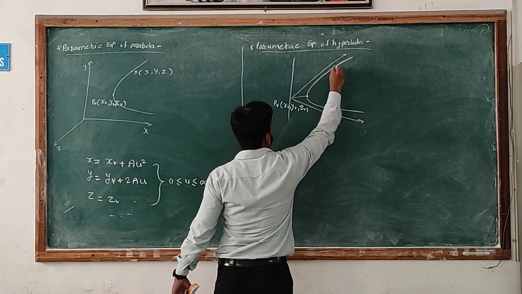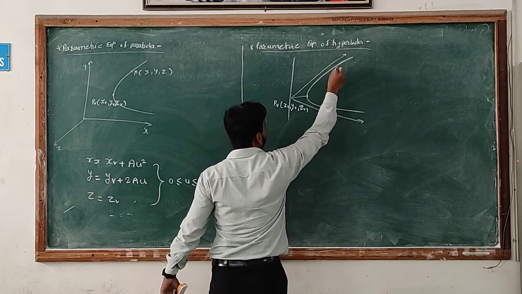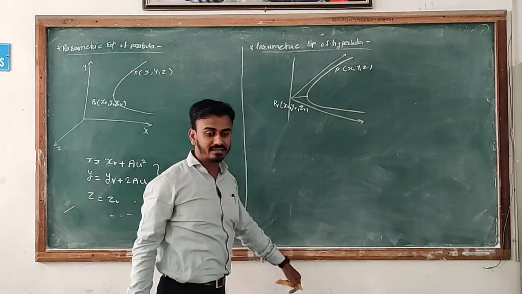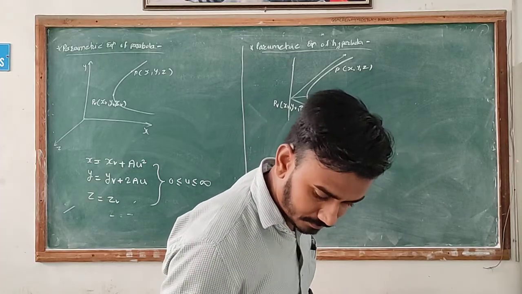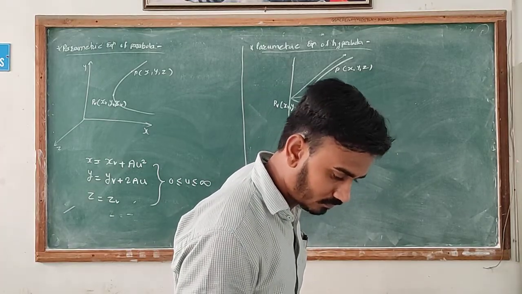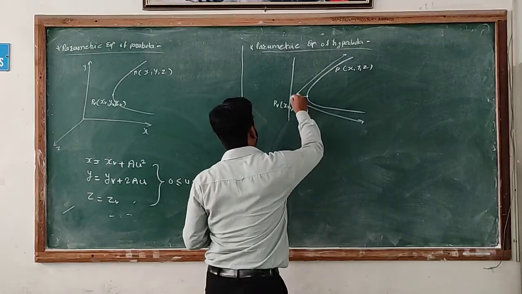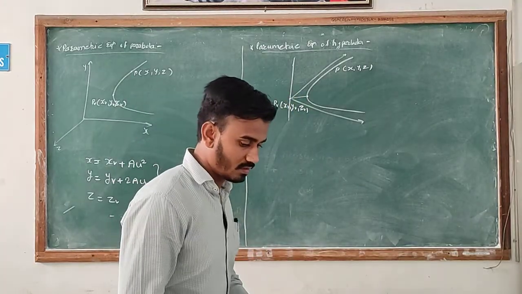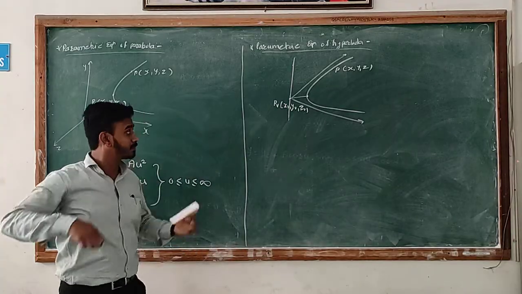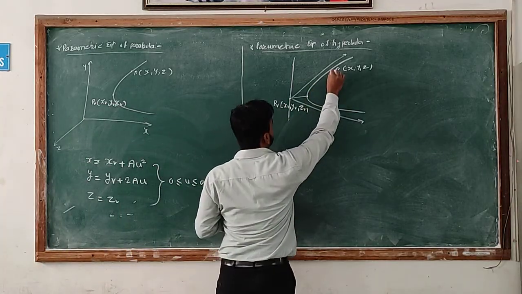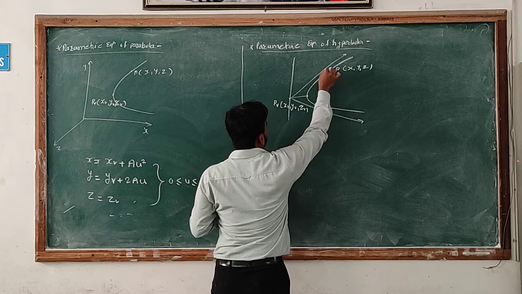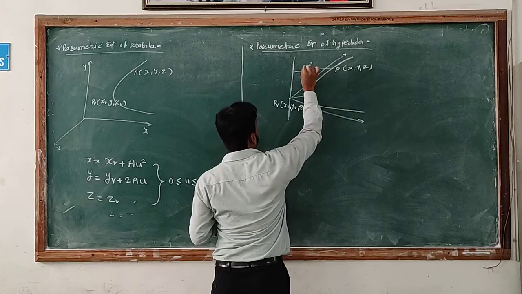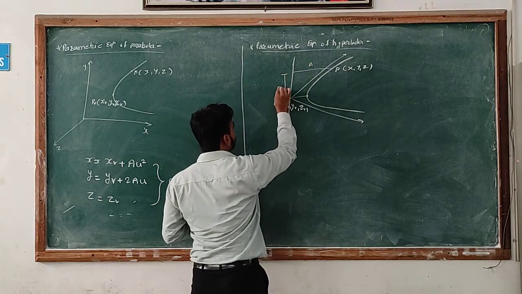And here is point P having the coordinates x, y, z. PV is a point here. And this horizontal distance is a and this vertical distance is b.